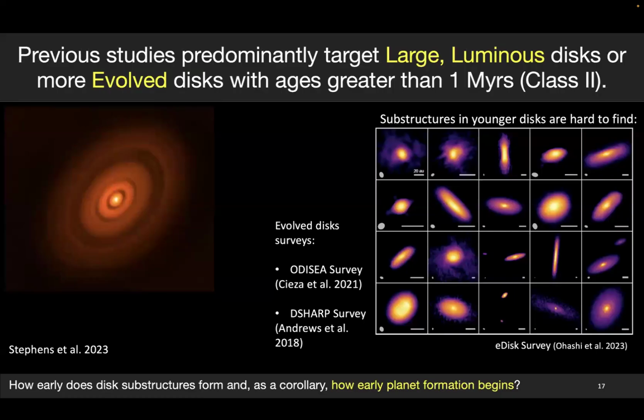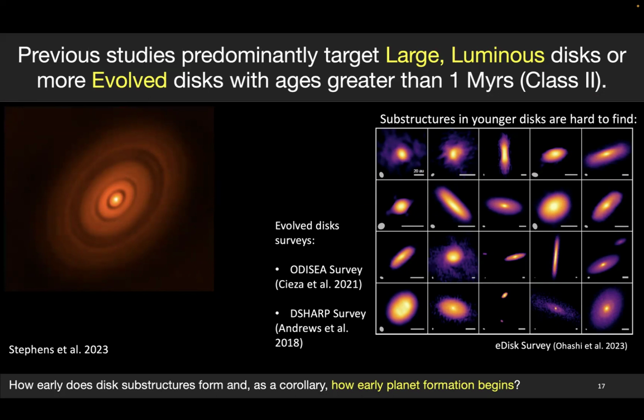It is important to point out that all the previous studies predominantly target large, luminous, and more evolved disks with ages greater than 1 million years, Class II disks. For example, the ODISEA survey by Cieza et al. in 2021, or the famous DSHARP survey led by Sean Andrews and his Harvard team in 2018.